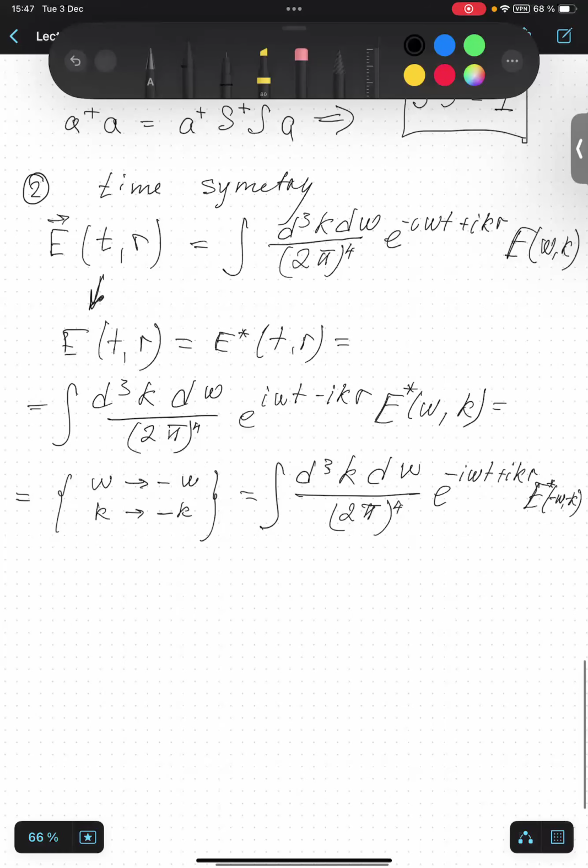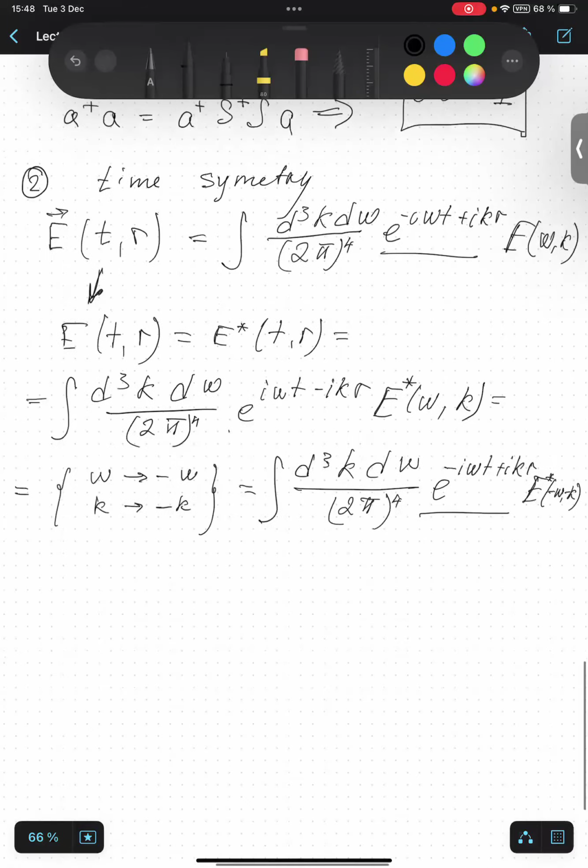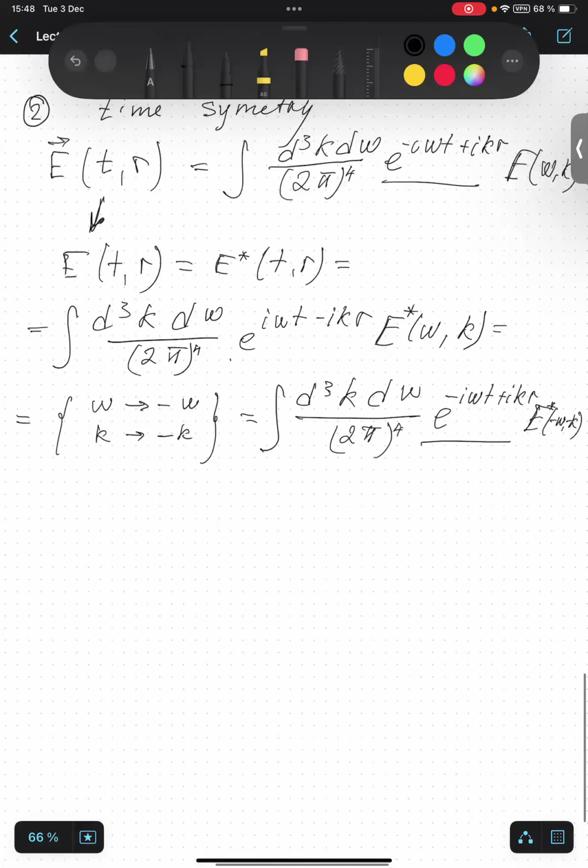So we have the same exponent, the same plane waves, so they generate a complete set. It is a basis, and so on. You already know it. We considered it a lot of times.